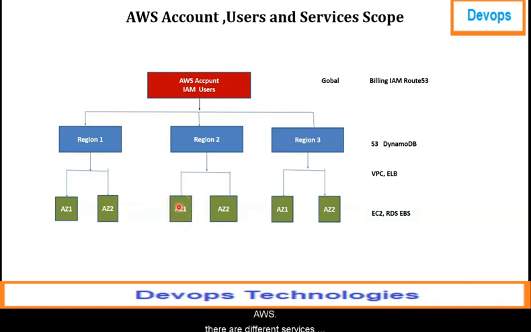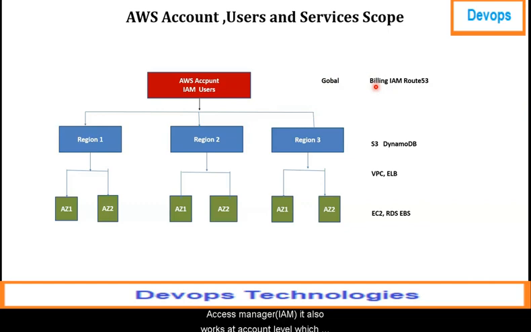Now in AWS, there are different services and they have different scope with respect to region. For example, the billing service works at an account level. That means at the end of the month you get an AWS bill which you have to pay. Suppose IAM, Identity and Access Management.